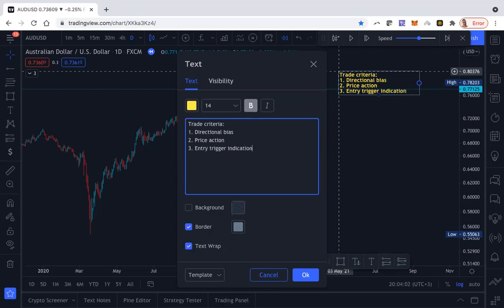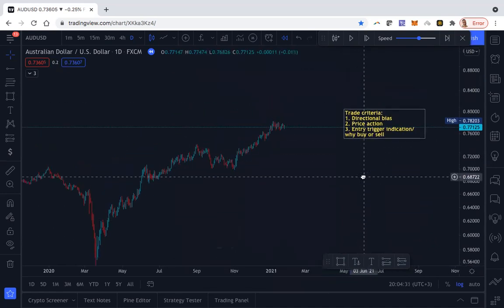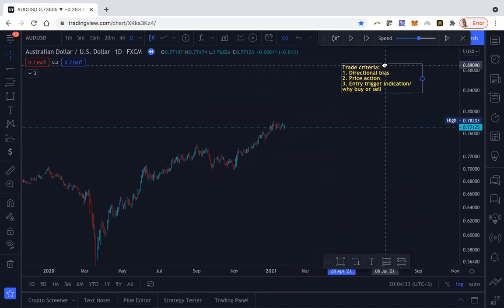My cold is killing me. So the entry trigger is basically why to buy or sell, and where to buy or sell, what is giving me the idea to either buy or sell, and where. That's what I mean by entry trigger. These are basically the three items.